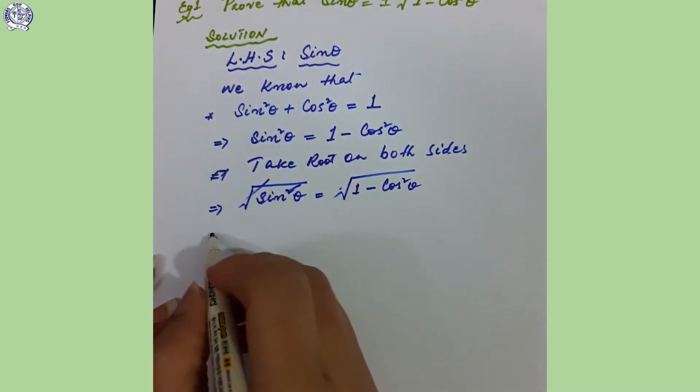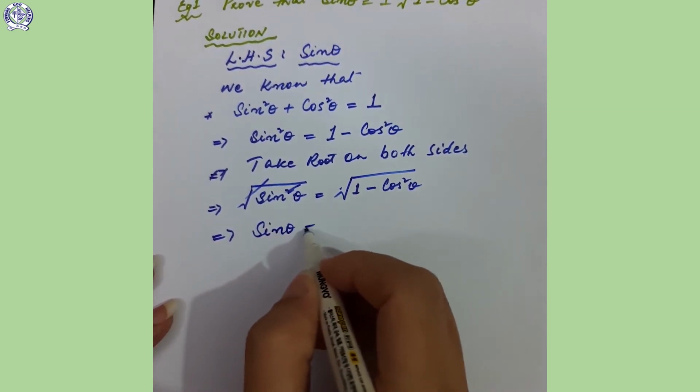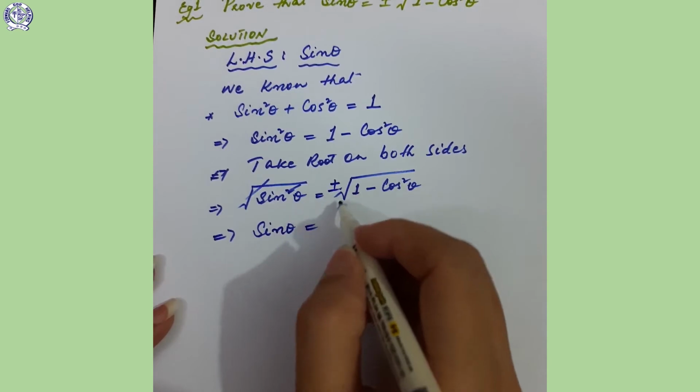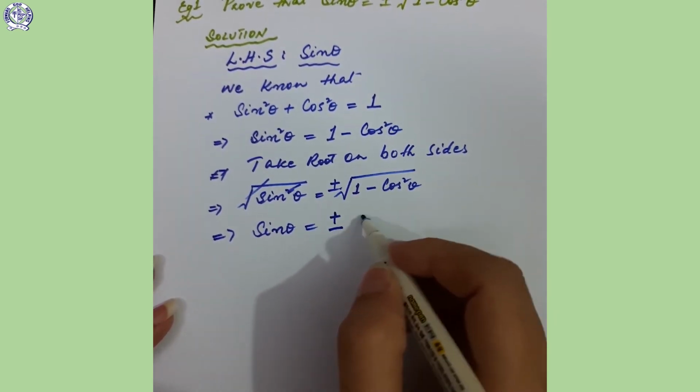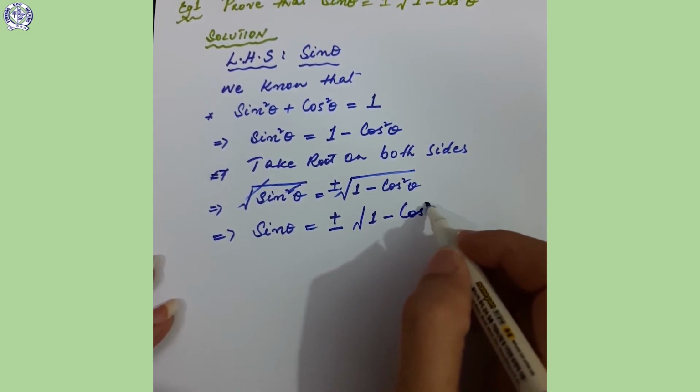Root and square cancel, so sine theta equals, when you take root you write both signs, plus minus under root 1 minus cos square theta.